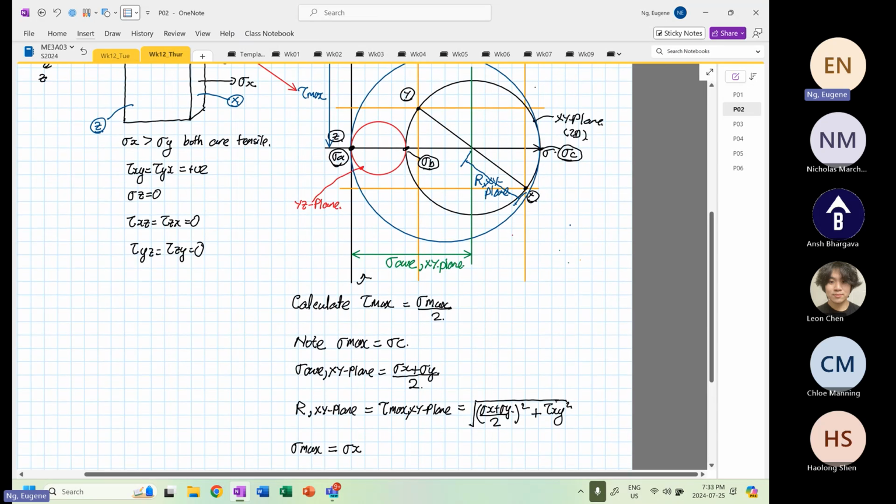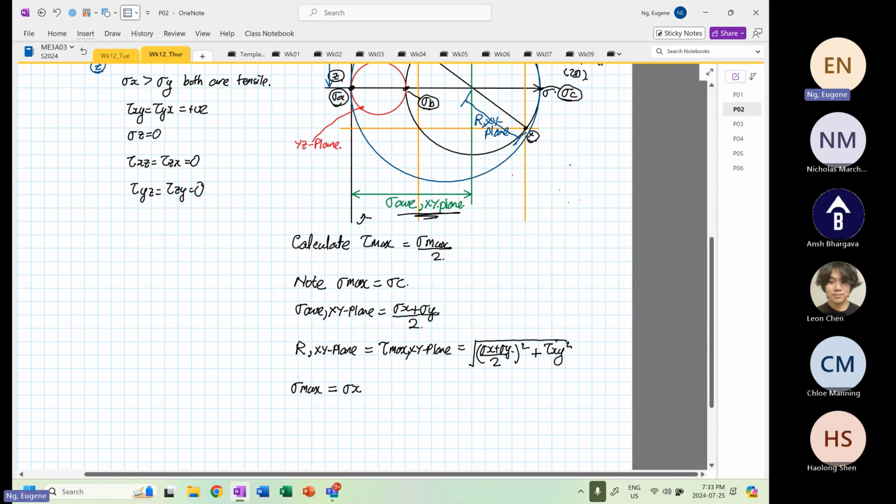Because now we know the radius, right? We also know this distance over here. So it's equal to stress X plus stress Y divided by 2. And then we have to add the square root of stress X plus stress Y over 2 squared plus shear XY squared.